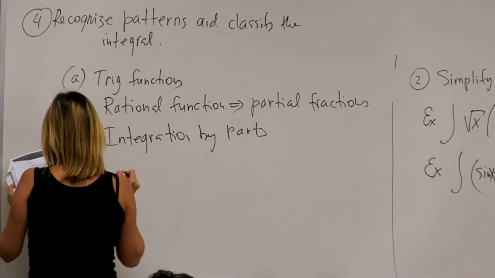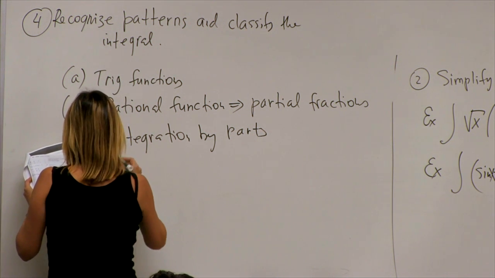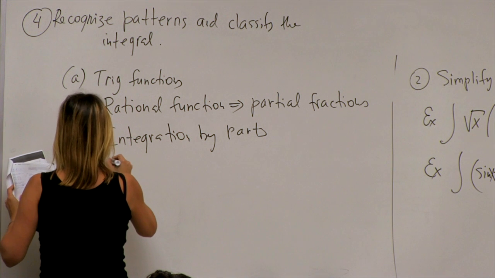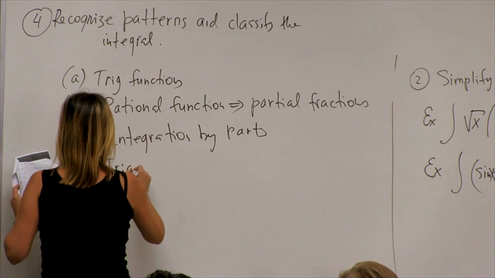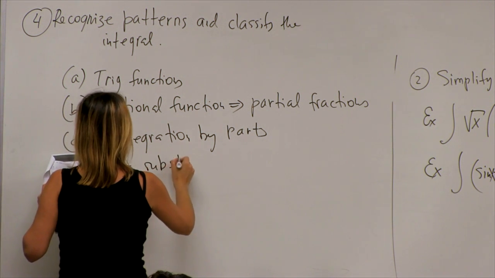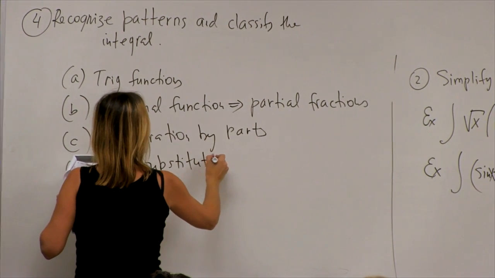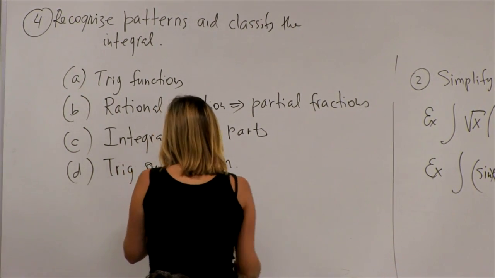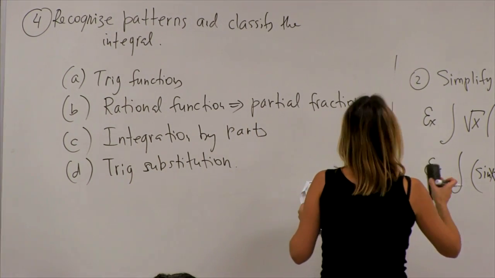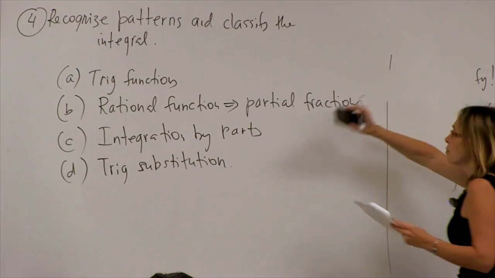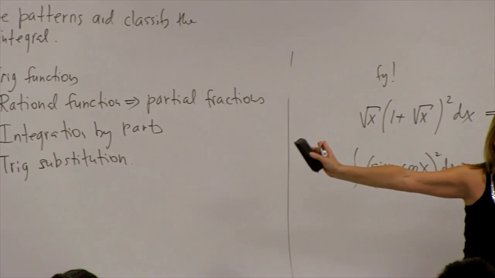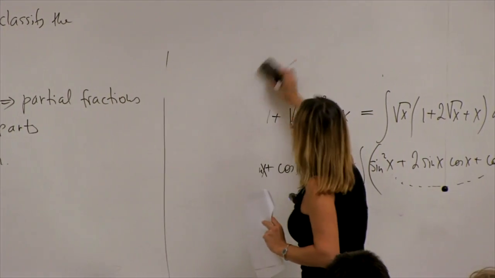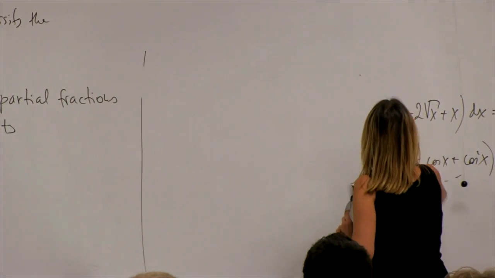And we have radicals, so let's say trigonometric substitution. Okay, so you're familiar with all of these. You've seen examples, or you will see the examples when you do the homework for the corresponding sections.